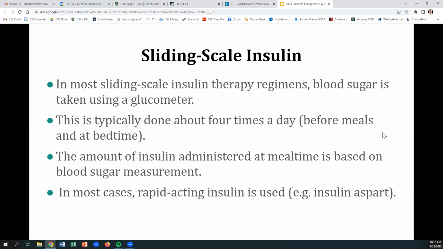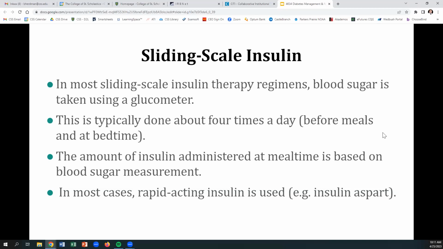This is typically done 4 times a day, usually before breakfast, before lunch, before dinner, and then before bedtime. That order, of course, can vary depending on the provider and depending on the patient, but it is pretty common to see a Q4, 4 times a day.